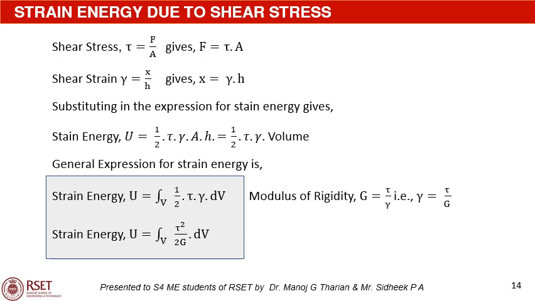The modulus of rigidity G equal to shear stress tau divided by gamma, that is shear strain gamma is equal to tau divided by G. So we get strain energy U is equal to integral over the volume V tau square divided by 2G into dV.